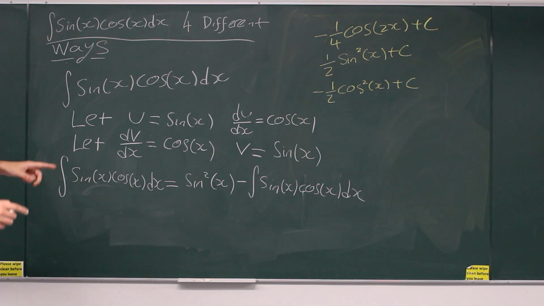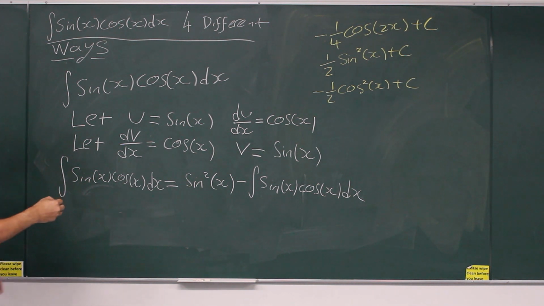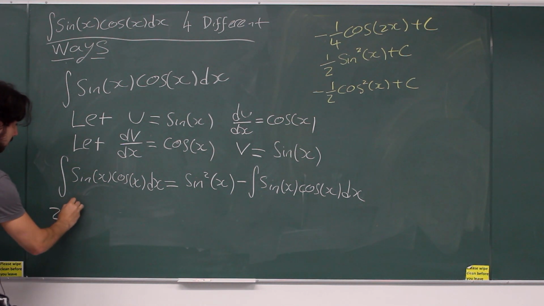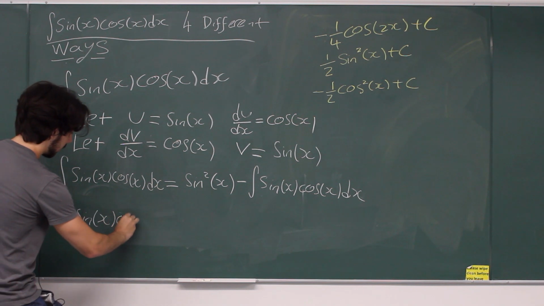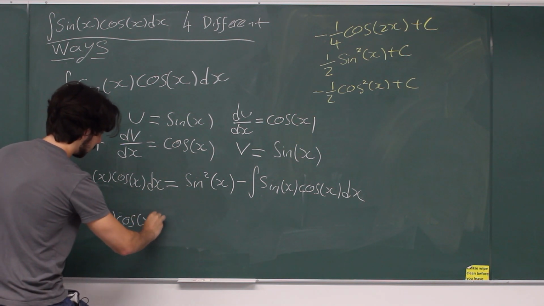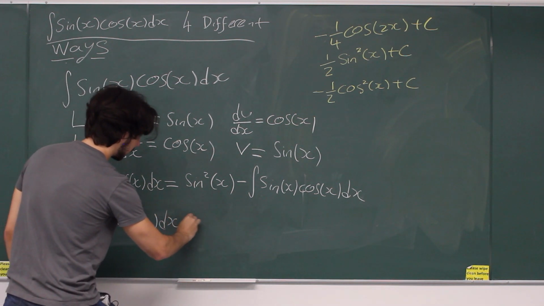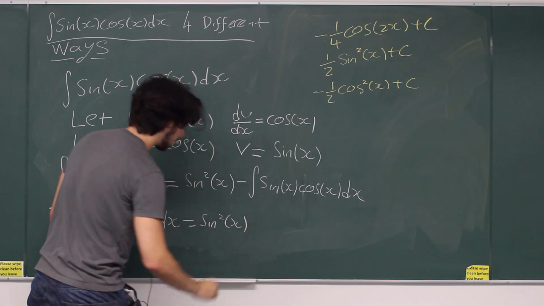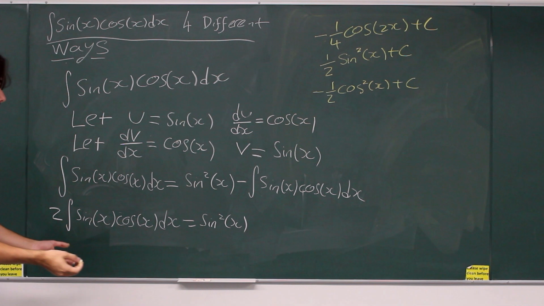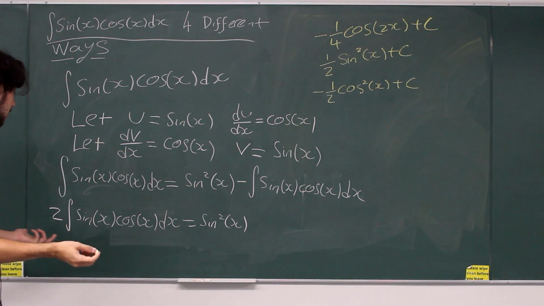If you add the integral of sine x times cos x to both sides, then you have 2 times the integral of sine x times cos x with respect to x is just sine squared x. We've added to both sides, and then you can just divide both sides by 2.